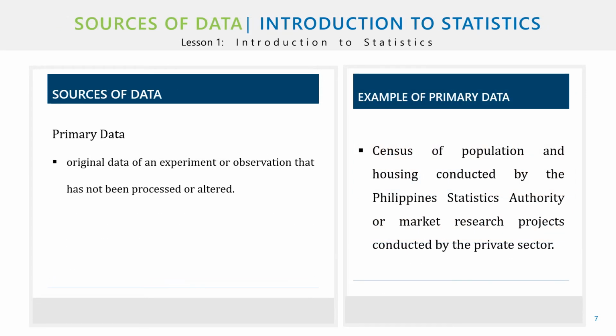Okay. Next is the sources of data. So, for the sources of data, we have two types of it. But before we proceed with explaining what is the difference between the two types of data, first, bakit nga ba natin ginagamit si data? Or bakit natin kailangan? Diba? So, isipin nyo, how can you provide results in your research output? Ano yung kailangan nyo?